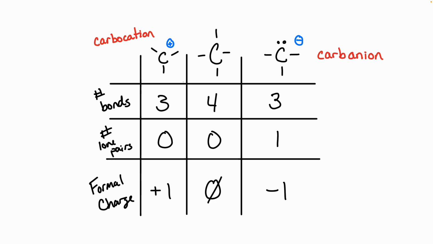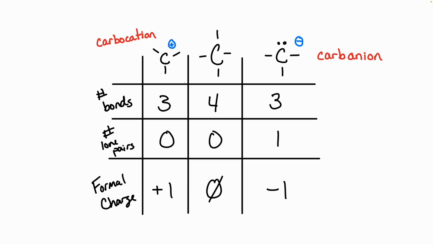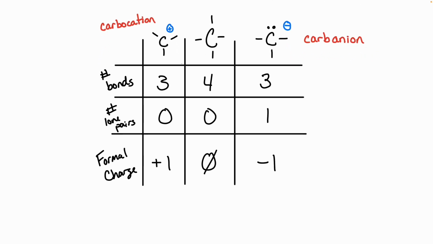All right, hopefully this rings a bell from the future semester because it is a super important intermediate in a huge amount of reactions that we study in organic chemistry. Okay? The one thing about a carbocation that is so unique is if we've calculated how many electrons a carbon has when it's neutral, or even a carbanion has, we would see that carbon has its full octet. It's got that full 8 electrons.